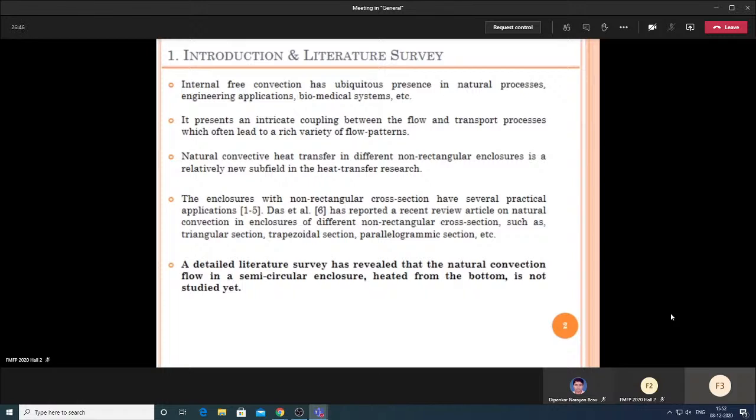After a detailed literature survey, it has been found that natural convection in a semicircular enclosure heated from the bottom has not been studied yet. It is to be highlighted that the analysis of natural convection is not a matter of course. It has important applications for the design of nuclear reactors, heat exchangers, electronic cooling systems, etc.